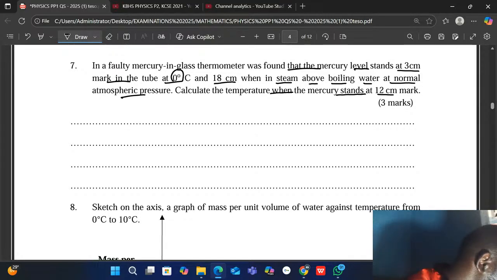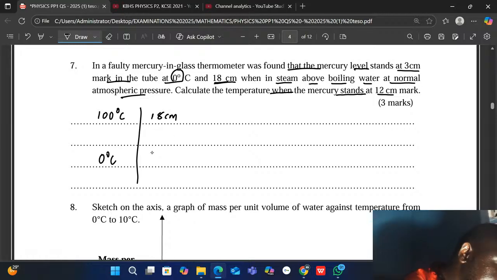This one, you'll draw a column showing at steam point, we expect to have 100 degrees Celsius. At 100 degrees Celsius, we do expect 18 centimeters. At 0 degrees Celsius, we are having a height column of 3 centimeters.